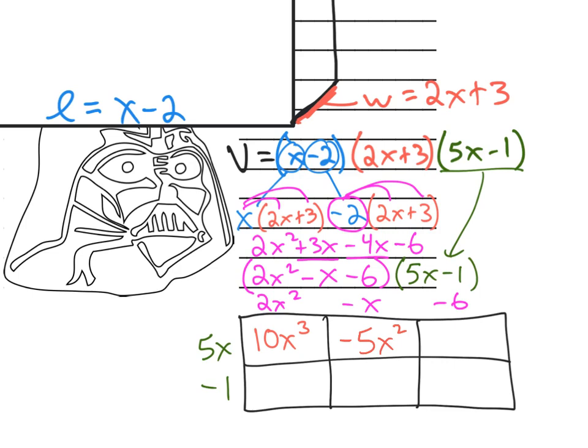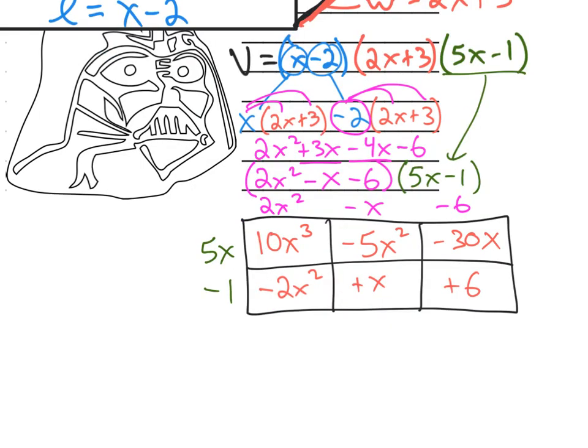My top right-hand box would be 5x times negative 6, negative 30x. Let's go to the bottom now. Negative 1 times 2x squared, negative 2x squared. Negative 1 times x, negative x. Positive x on that one. Don't forget those double negatives. And the last box, double negatives would be plus 6.